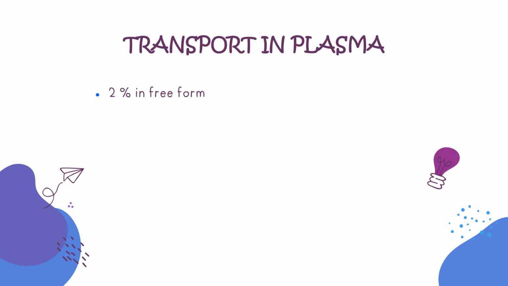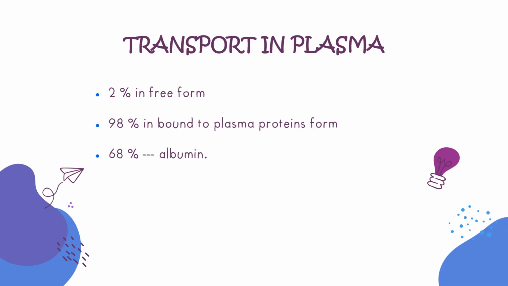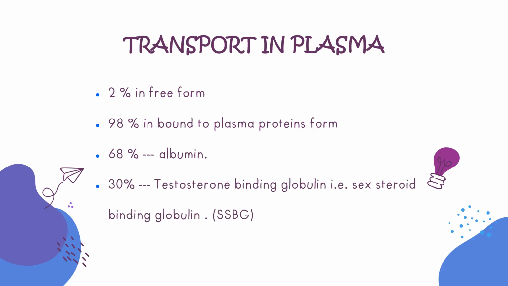This free form alone is physiologically active in the target tissues. 98% is found in bound form, bound to plasma proteins. 68% is bound to albumin, and 30% is bound to testosterone binding globulin, which is also called sex steroid binding globulin or gonadal steroid binding globulin.